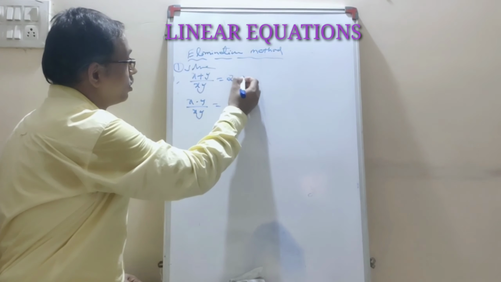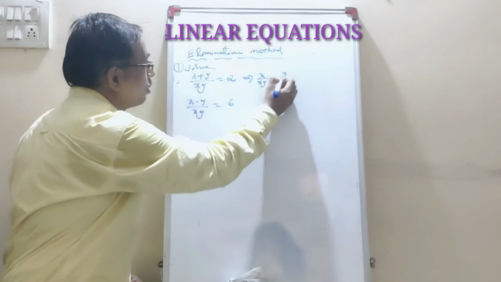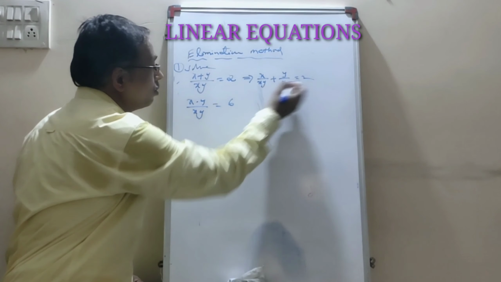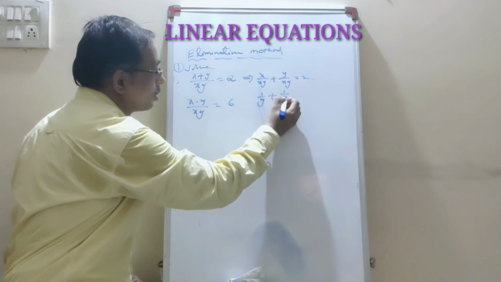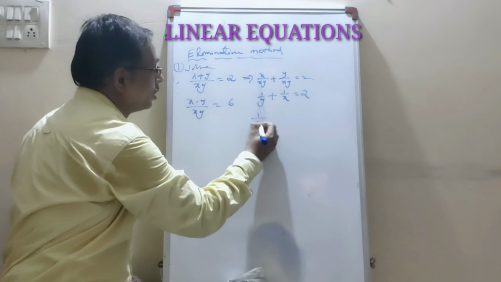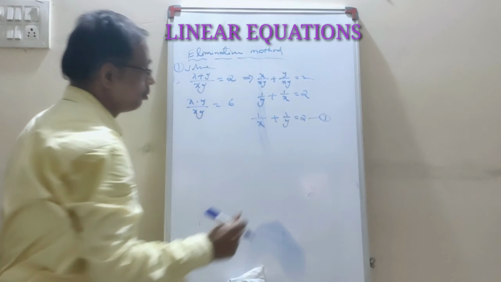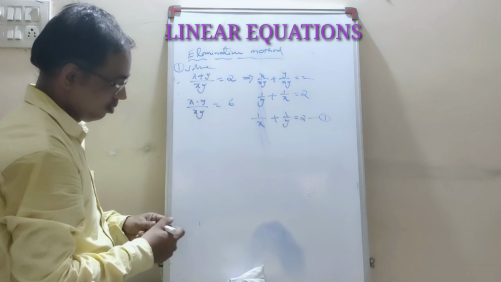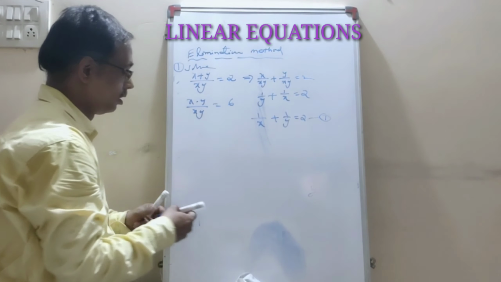So first of all, the first equation can be written as x/xy + y/xy = 2. The x gets cancelled, we get 1/y, and here y cancels, 1/x. That is 1/x + 1/y = 2. So equation 1.